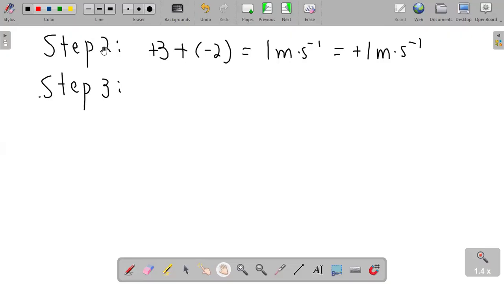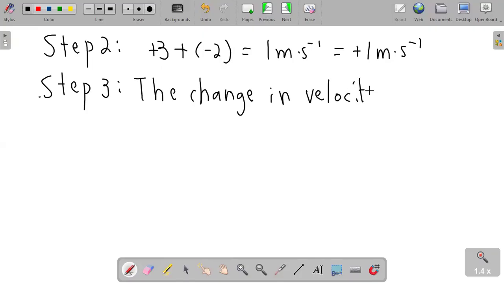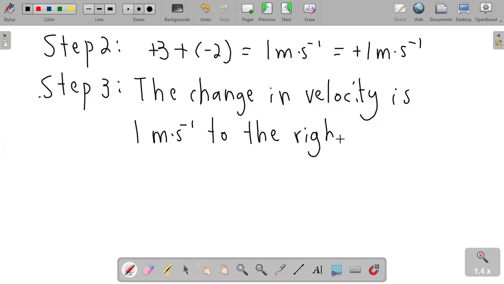This means that the change in velocity in this case is 1 meter per second to the right, because that's what we chose here.